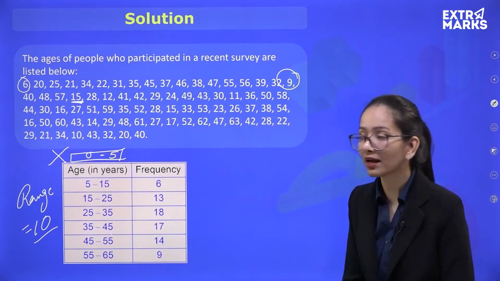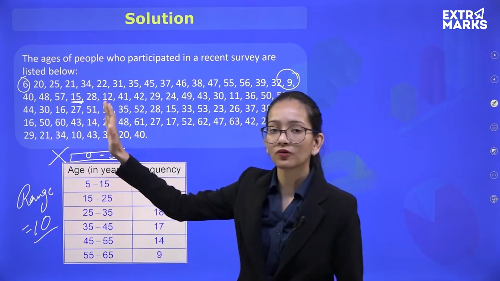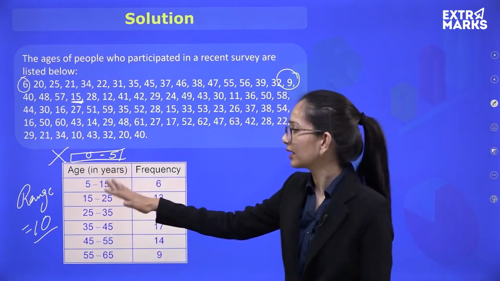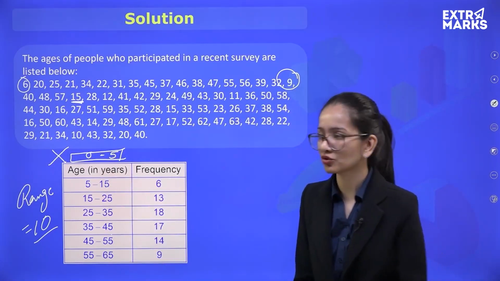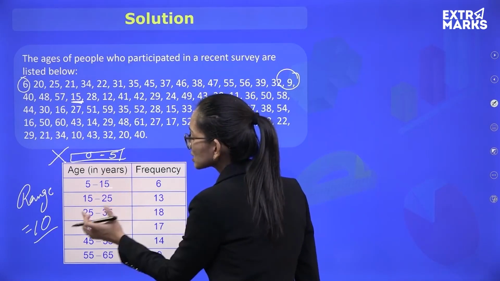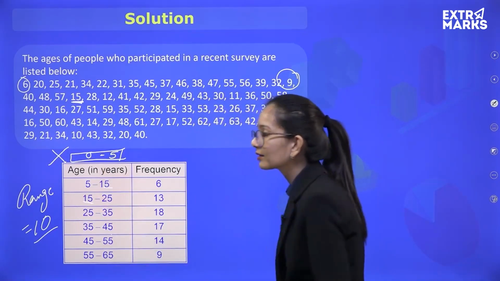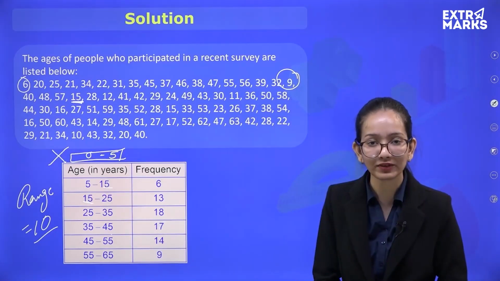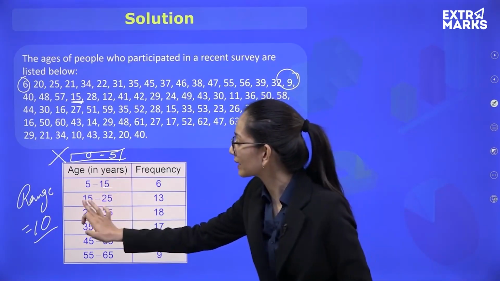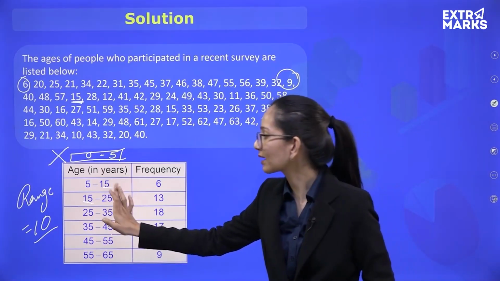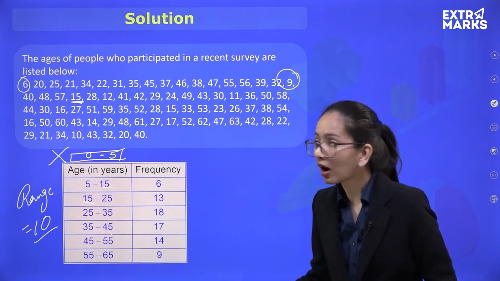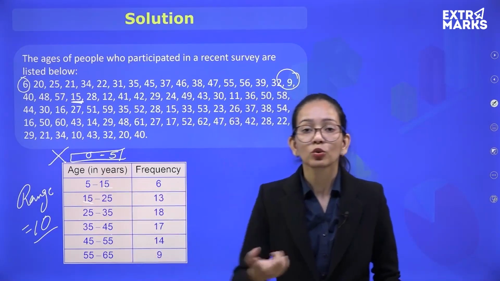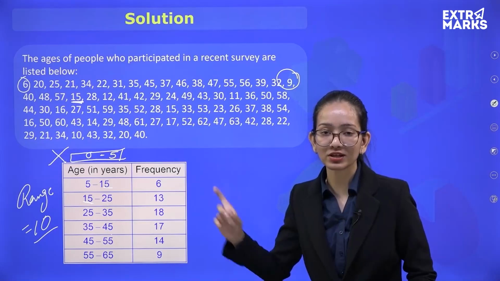Now the question arises, this person of age 15 years, should I count him or her in the first age group or the second age group, because 15 is lying here also and here also. 15 is lying in the 5 to 15 age group, and 15 is lying in the 15 to 25 age group also. So whenever you get boundary values, that is the upper class limit or lower class limit, we always consider that value in the group whose lower class limit matches that value.